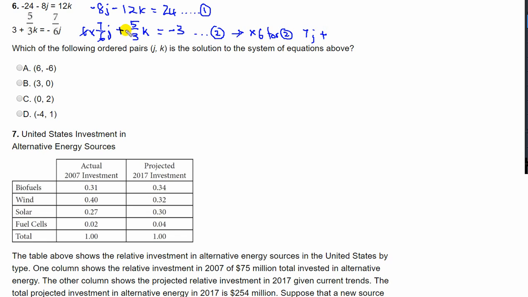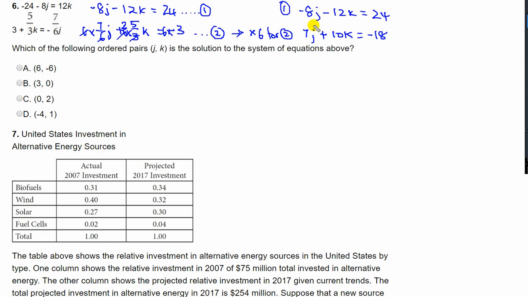Then if we times 6 here, 3 cancels, 2 times 5 becomes 10k. Then here I times 6, equal to minus 18. Now let's put equation 1 side by side, one on top of another. So you have 12k equal to 24.